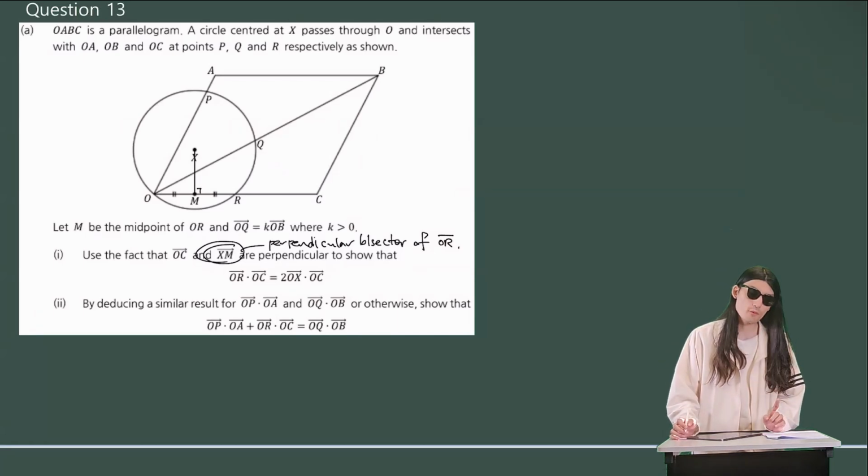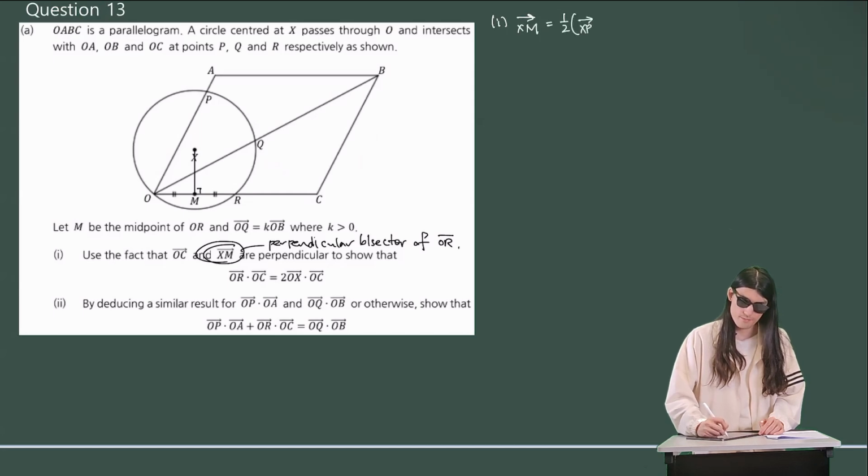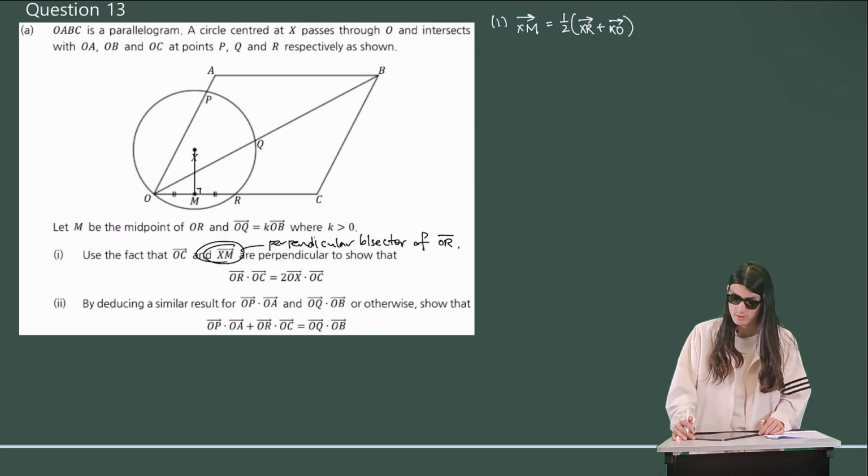Now, in vector form, that can be expressed as XM is half of XR plus XO, to denote the fact that XM is the perpendicular bisector of OR.